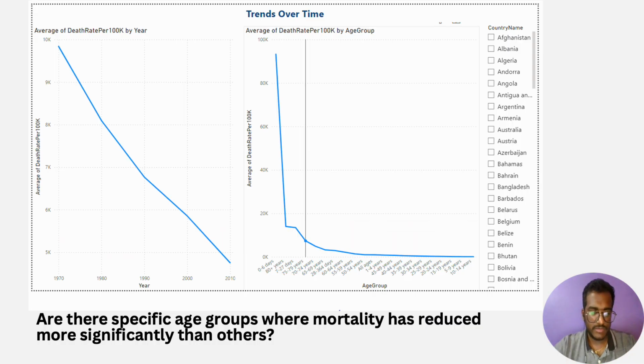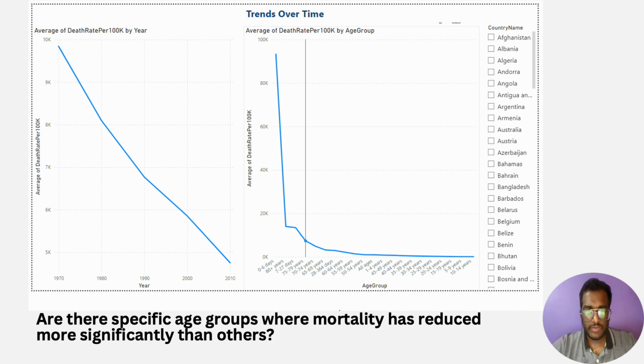Now let's see specific age groups where mortality has reduced more significantly than others. The chart on the left shows us the average death per 100K by year has been declining steadily, from around 9.5K in 1970 to 5.5K in 2010.